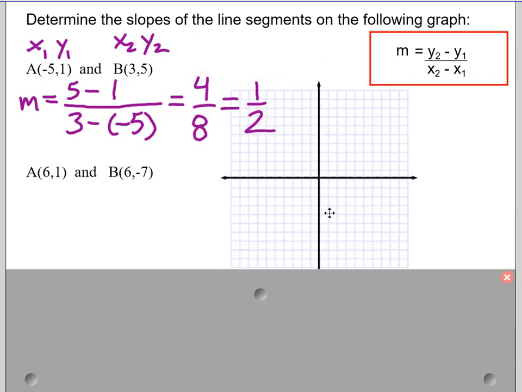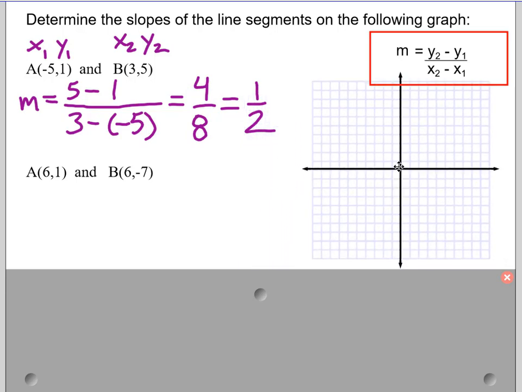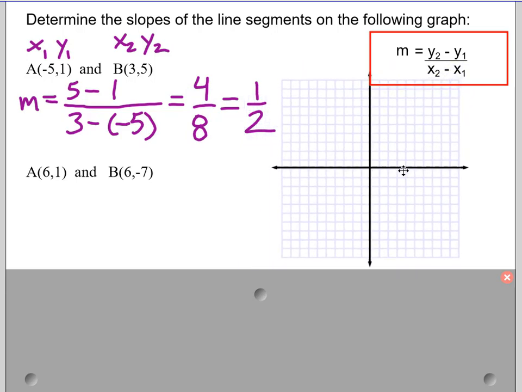Okay, and maybe I'll slide this over here, and I'll just do the picture over here if we need to. If you have to, you can always do a graph, plot the 2 points, and then -5, 1, 2, 3, 4, 5, up 1. So there's a dot, and then 1, 2, 3, 1, 2, 3, 4, 5. Connect those. Okay, draw a little picture.